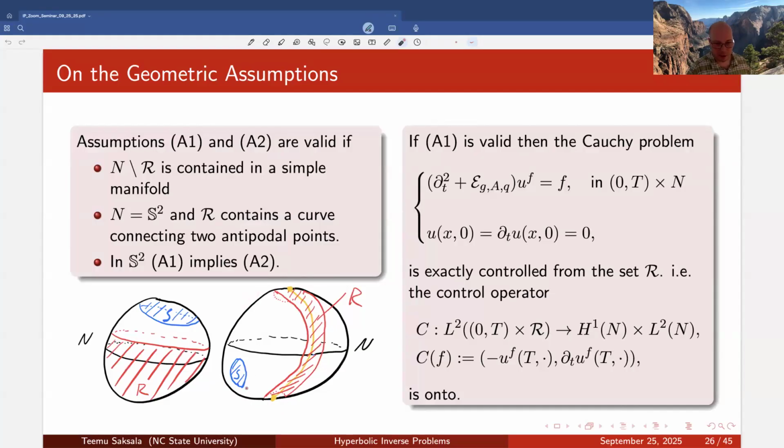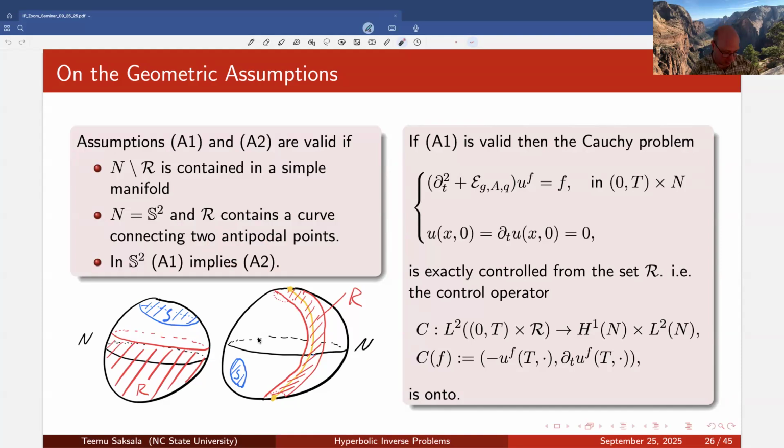This would automatically satisfy my geometric control condition, because all great circles will need to meet this set R, but also by a rather simple proof, really relying on the symmetry of the sphere, we can show that this other geometric condition would be true in this case. So these could be 2 example measurement settings where this recovery of the lower order terms with disjoint measurements would be true.